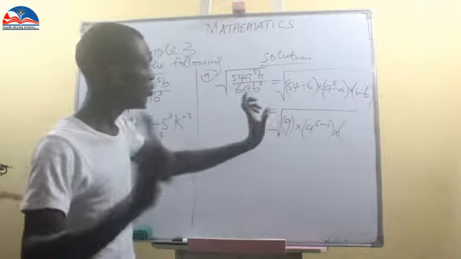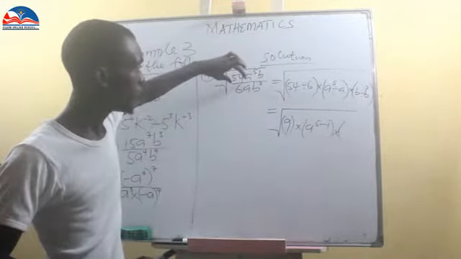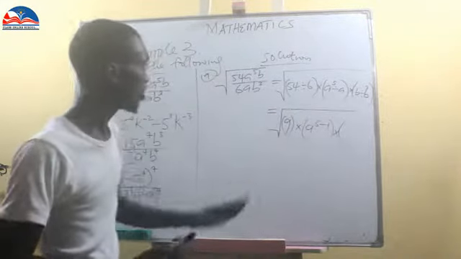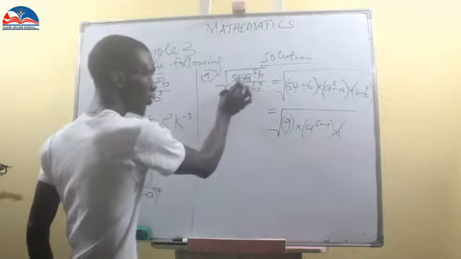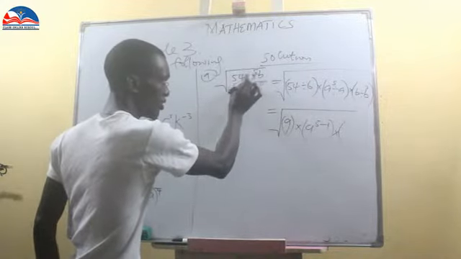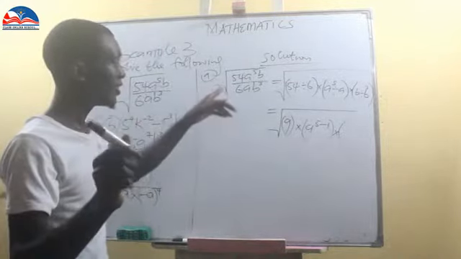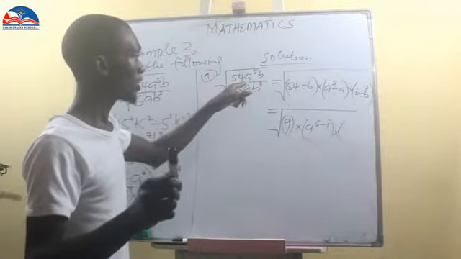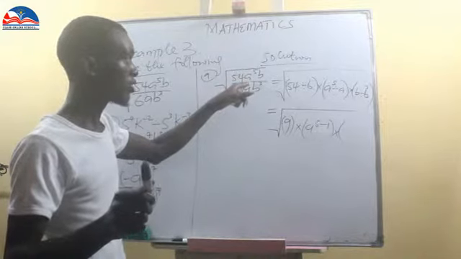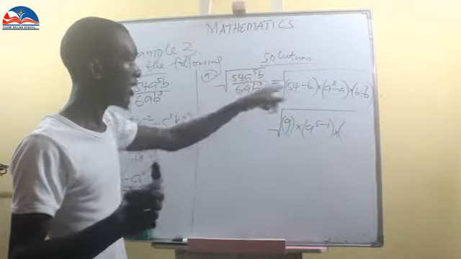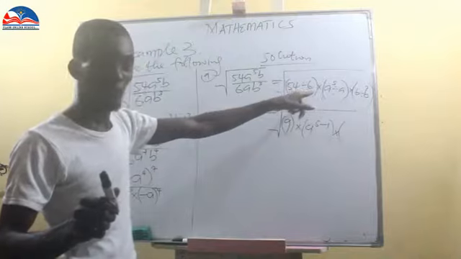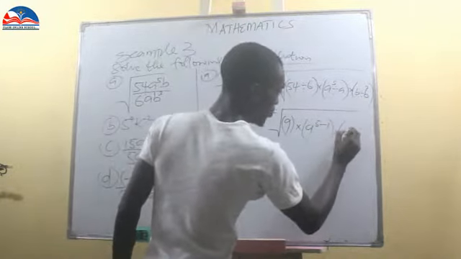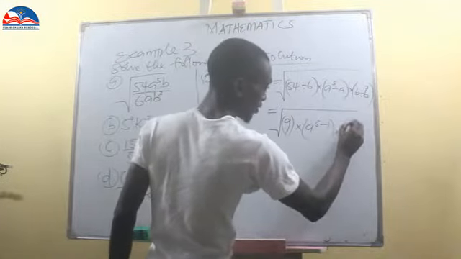now, look. This division that you are seeing in this expression, I'm trying to remove it. Don't forget that in normal fractions, if you are trying to remove division, then you apply multiplication. So here we have b^1.